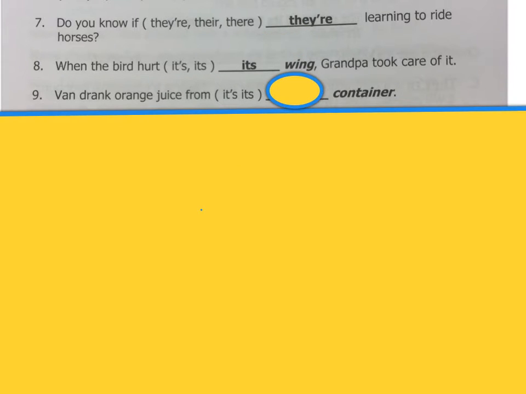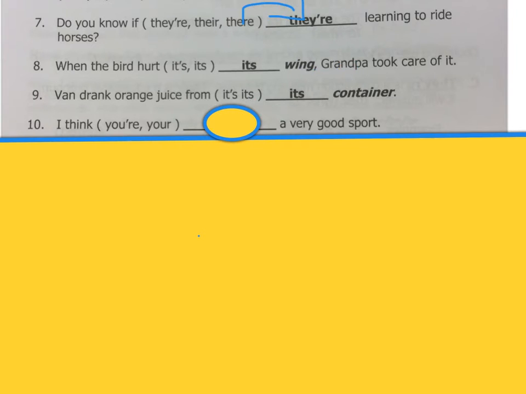Number 9. Van drank orange juice from its container. Van drank orange juice from it is container. Van drank orange juice from its what? Its container. So the answer is its, possessive pronoun, and draw the arrow to container.